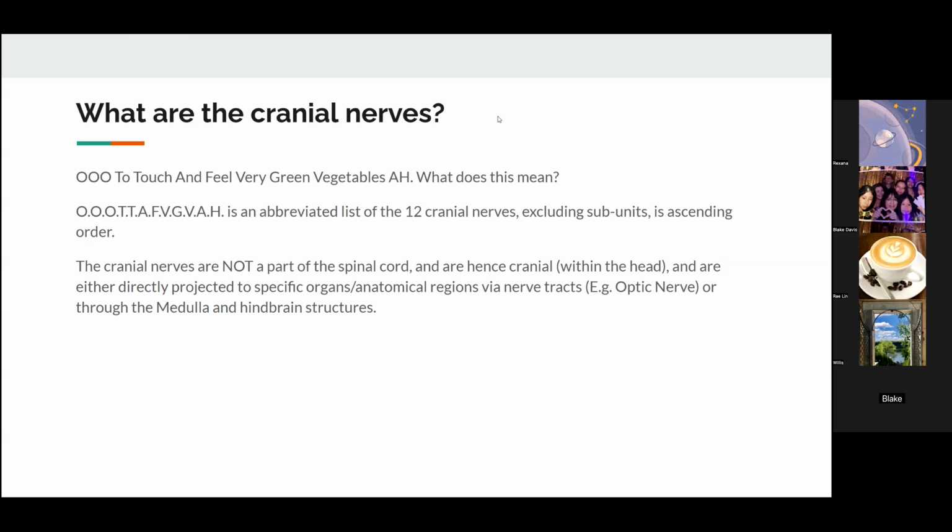So when I went to the Brain Bee competition last year, I actually didn't know about this beforehand, and I'm sad that I didn't. But there's a phrase we can use to describe the 12 cranial nerves. OOO, to touch and feel very green vegetables, ah. Does anyone want to say that out loud? It's fun. Ray, Willis, do you guys want to?